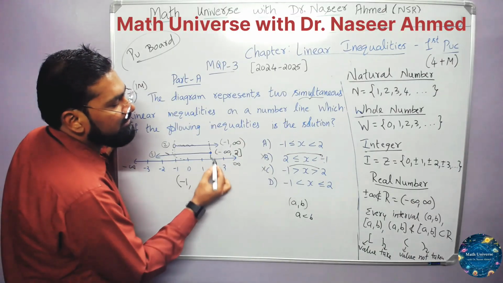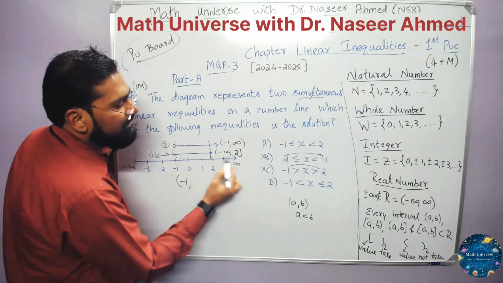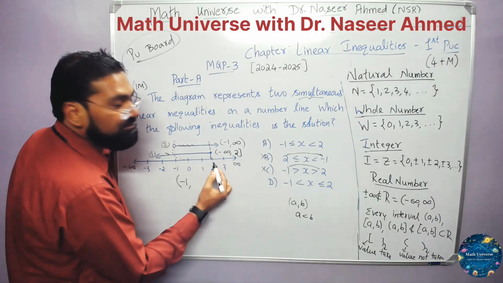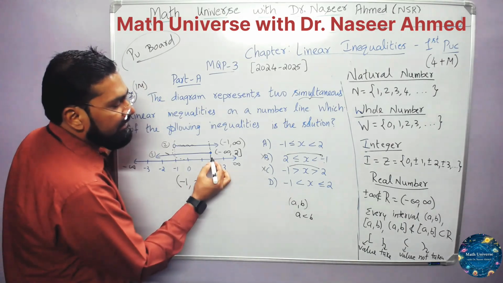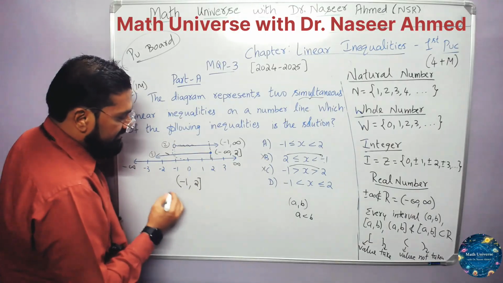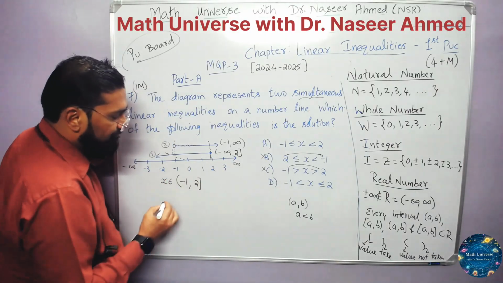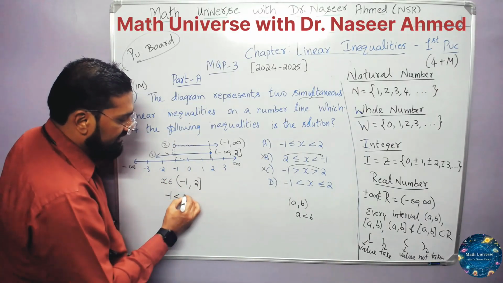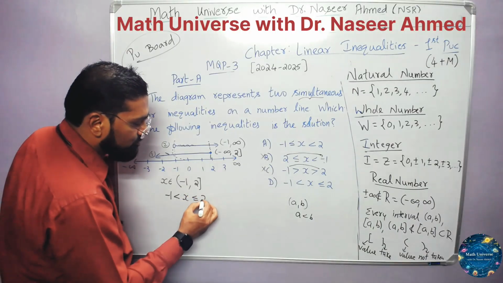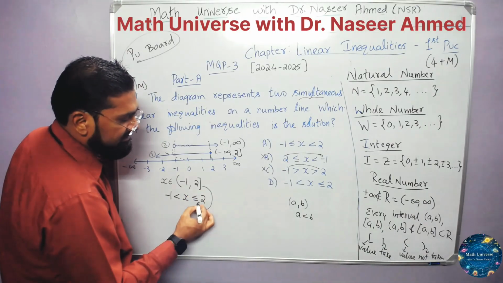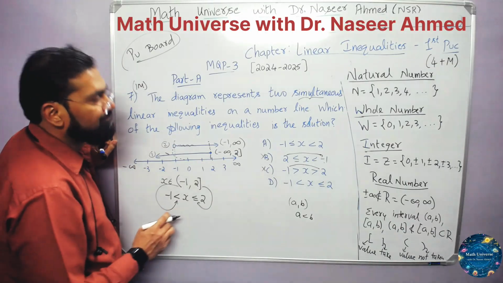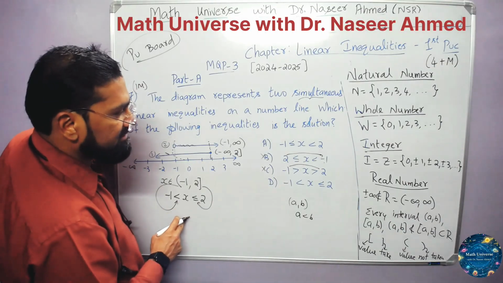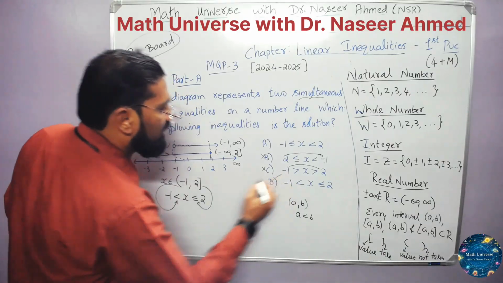Beyond 2, this number line doesn't have any line, so only till 2, closed. Why? Here also value taken, here also value taken. And this is our x value, or nothing but minus 1 is less than x, less than or equal to 2. Since we have closed interval, equal sign is given. Since we have open interval, we give strictly less than. So which option? Minus 1 strictly less than x, less than or equal to 2. Option D is correct.